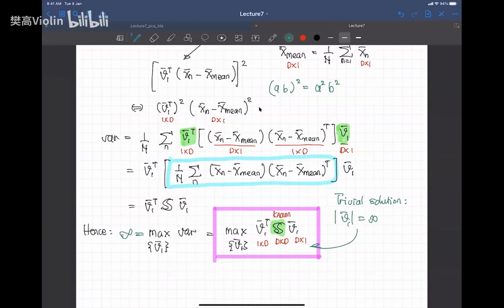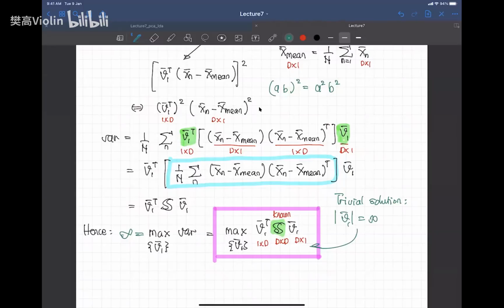Makes sense, right? Because you want to maximize this equation, there is no bound, and it can be infinite. Then the magnitude of V1 will be infinite, and it can be any V1 as long as the magnitude is infinite.